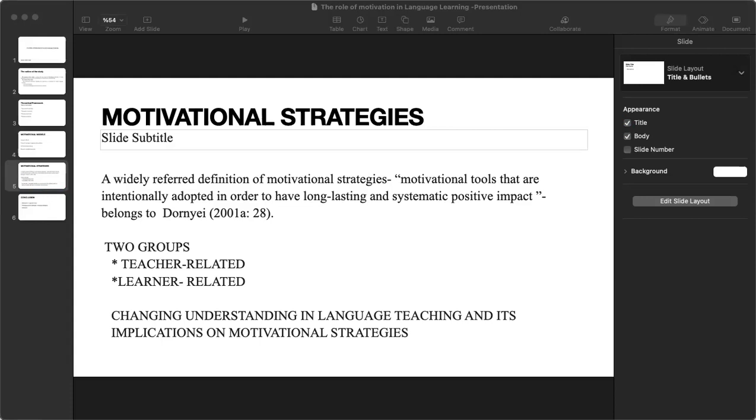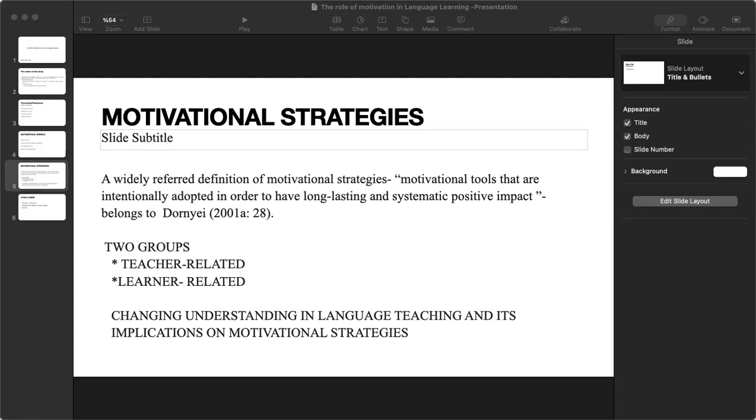And yeah, when we look at the groups in terms of motivational strategies, the first one is on the role of teachers in helping learners to feel motivated through the techniques they use. While the second one is more about the individually used strategies, I mean, the strategies learners use to regulate their own motivational processes.